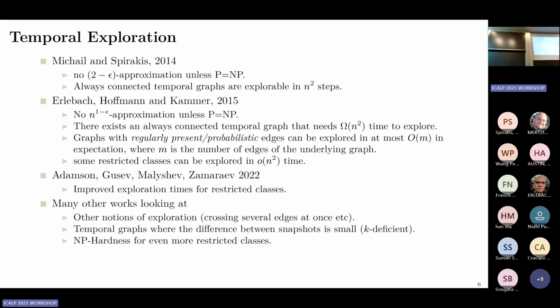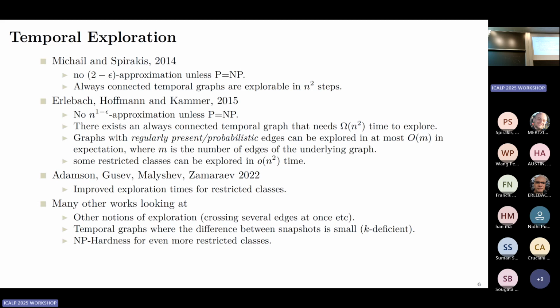And in this talk, I try to not restrict the underlying graphs, but to see what happens if I introduce randomness to the model. And basically try to get down this n-squared lower bound by getting rid of what the adversary can do in order to make the problem hard.